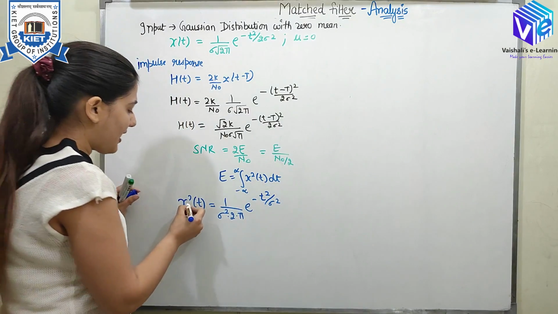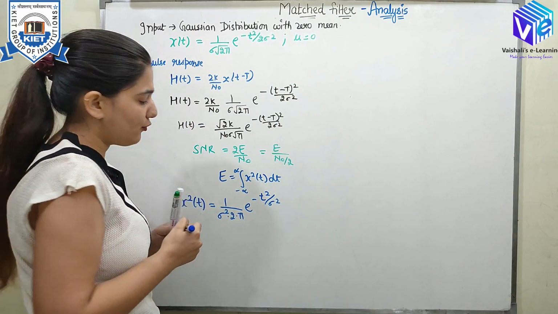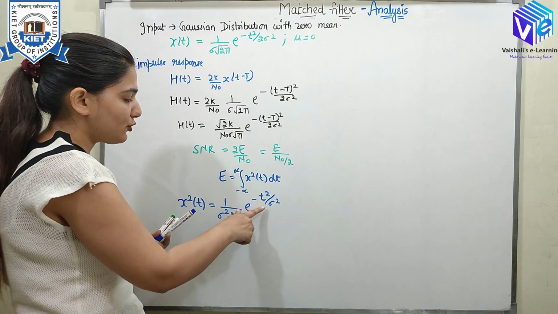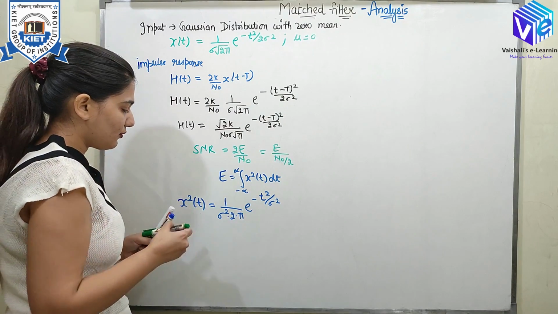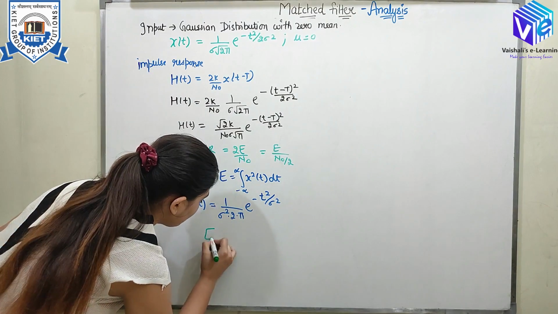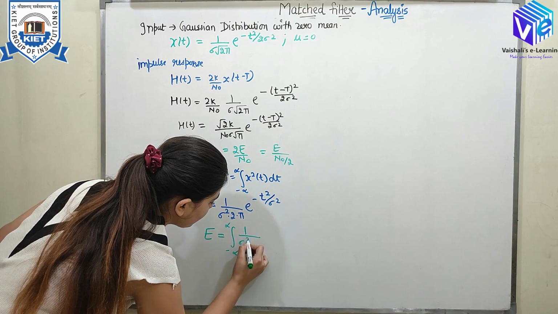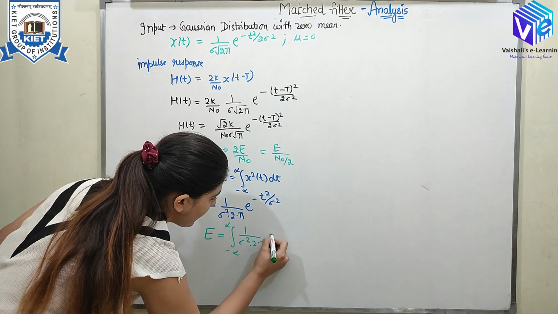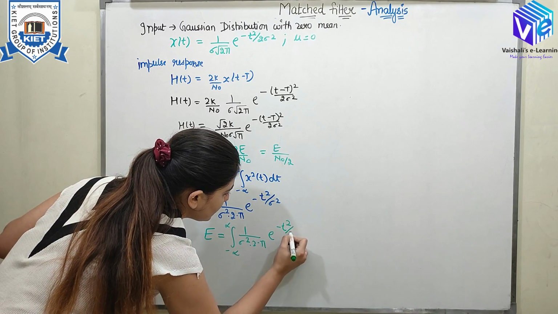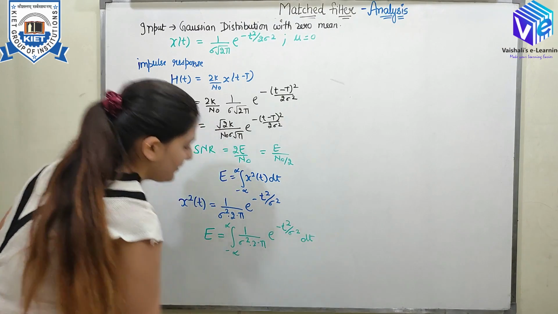So this is my x square t. I hope you understood how I cancelled out 2 and 2 here. So the energy is the integration from minus infinity to infinity of 1 upon sigma square into 2 into pi e raised to power minus t square upon sigma square dt.